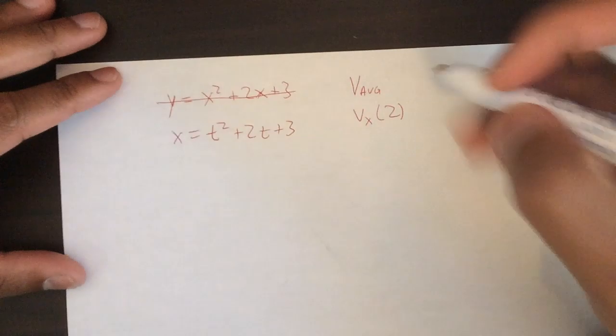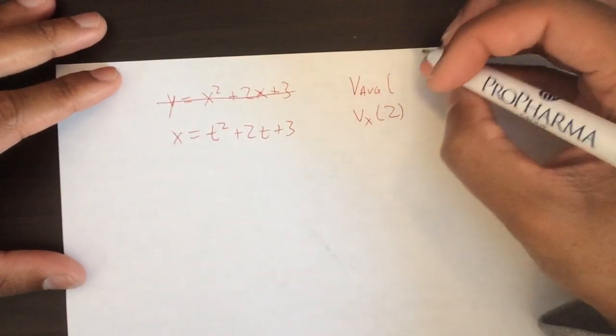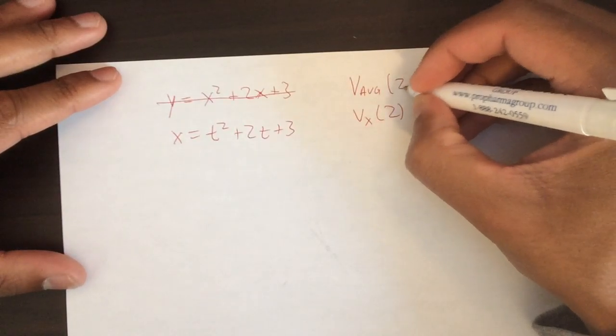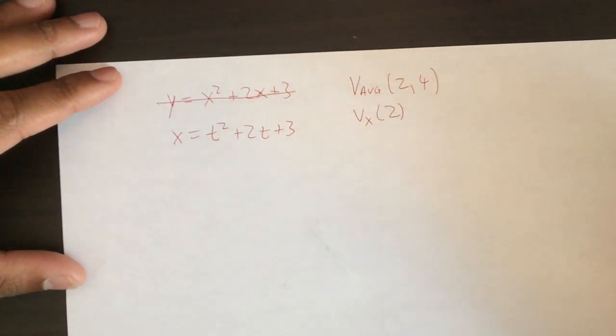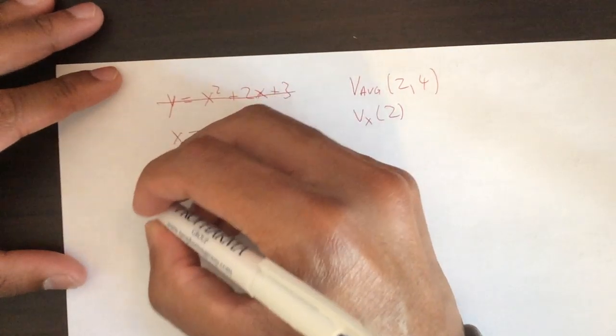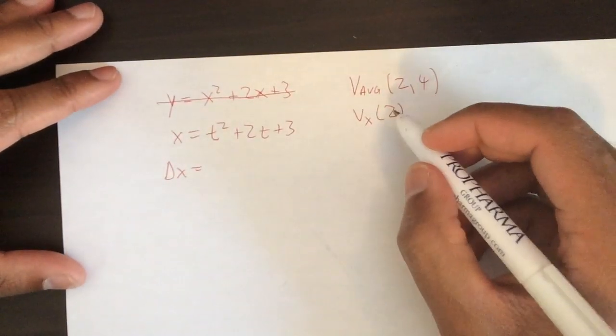So we're going to find the average velocity from time 2 to time 4. To find the average velocity, we first need to calculate delta x within this range.